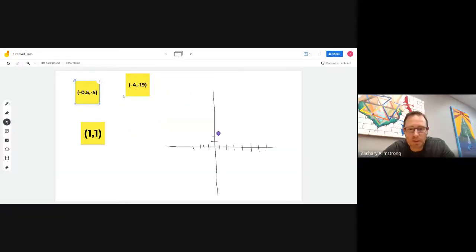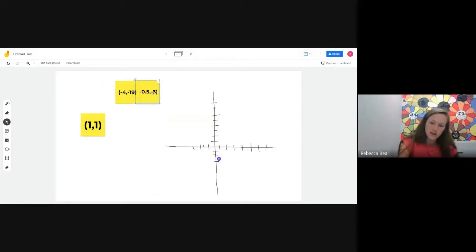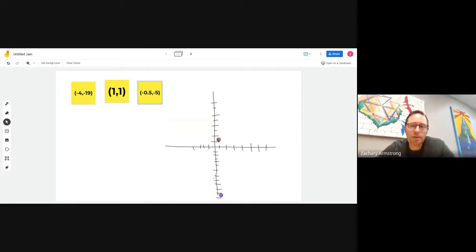So I see Rebecca is making a graph for us. Yeah, it's going to be hard to get that -19 on there. So maybe we have to count by 2s or something. Here, I have an idea for that. Negative 0.5.